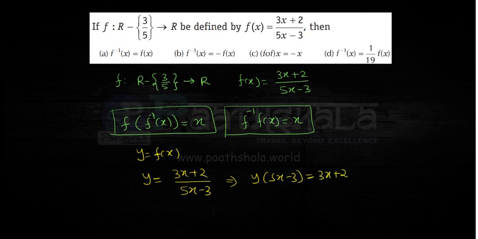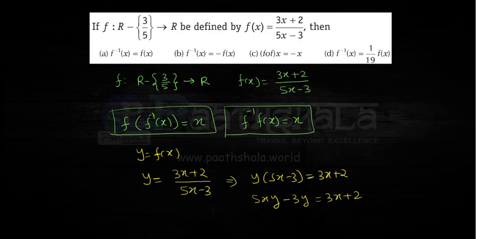Now let's expand and rearrange terms involving x on one side. So we will get 5xy - 3y = 3x + 2. Bring all terms involving x to one side.